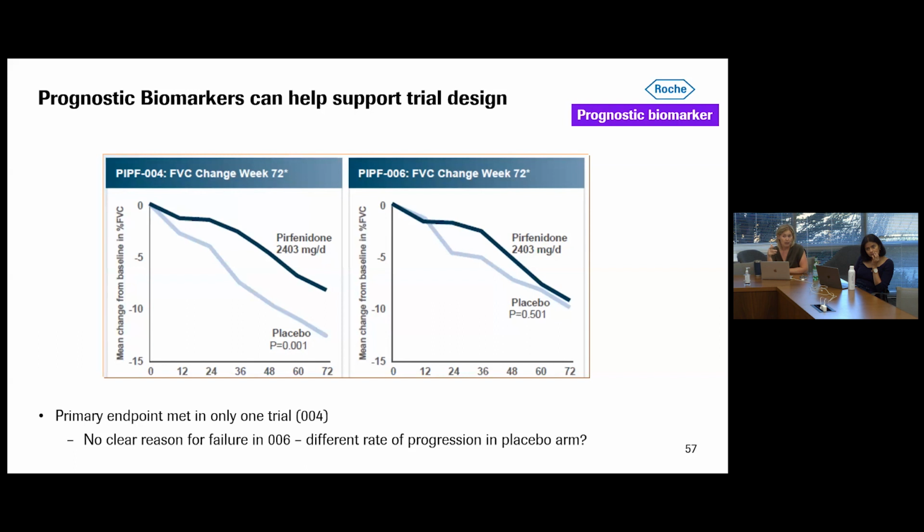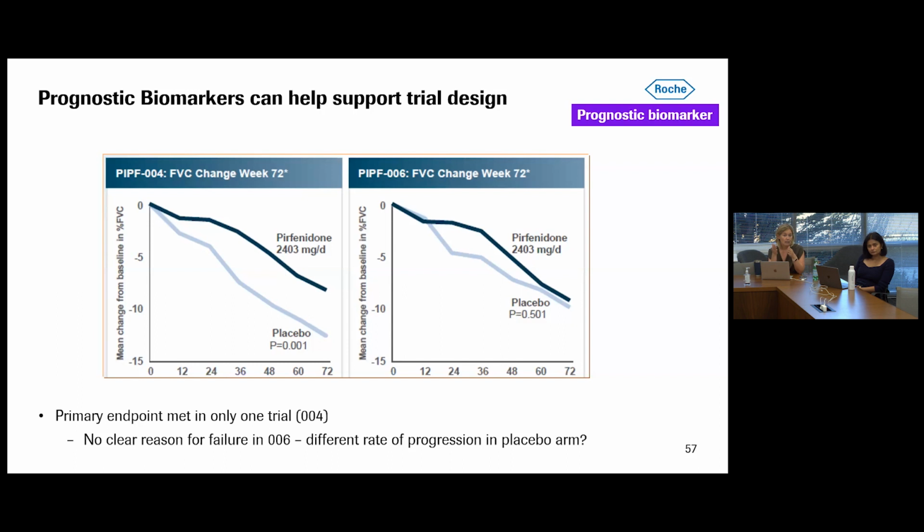The impact of that is, if you then test your drug, again in an identical trial, pirfenidone, same dose, you can see that on the left, the company, which was not our company, was able to show a statistically significant benefit of pirfenidone, but on the right, it didn't.